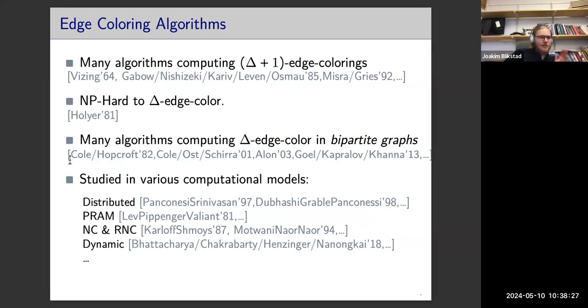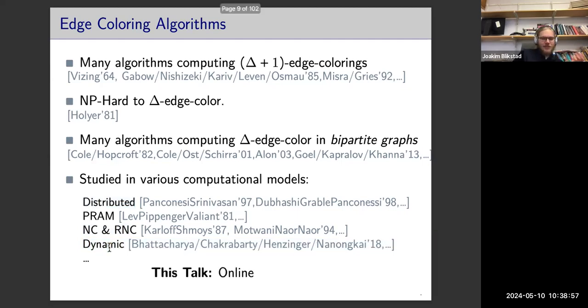There's been a long line of research there as well, trying to get efficient and simple algorithms for bipartite graphs to get delta colors instead of delta plus 1. Edge coloring is also somewhat of a fundamental graph problem, so it has been used as a benchmark in a lot of different settings, to see how you can translate graph problem techniques to distributed, parallel, and dynamic settings.